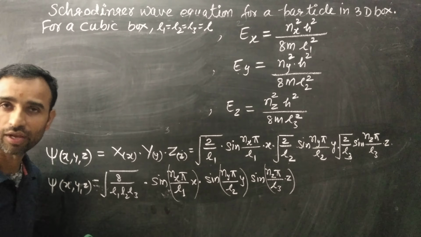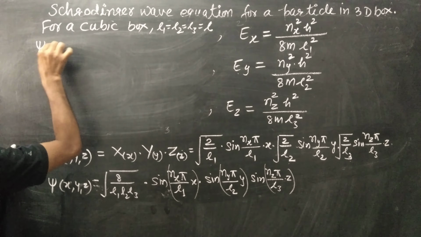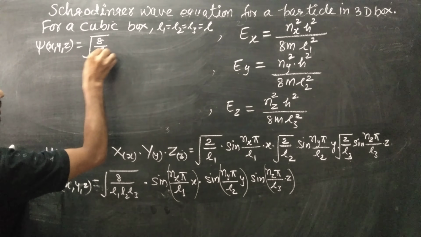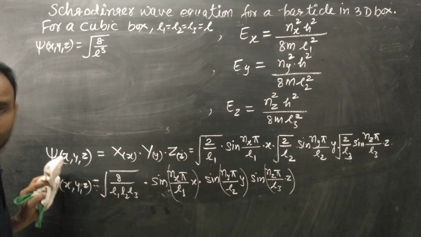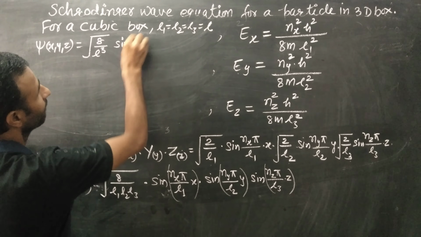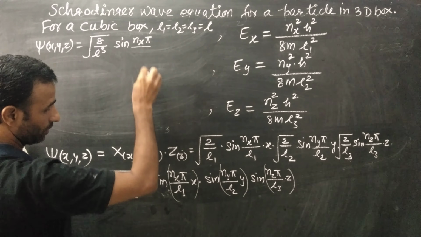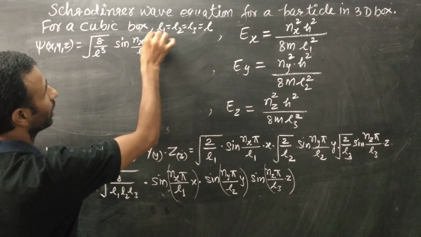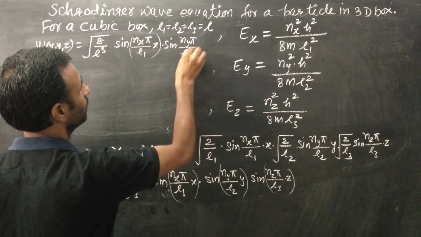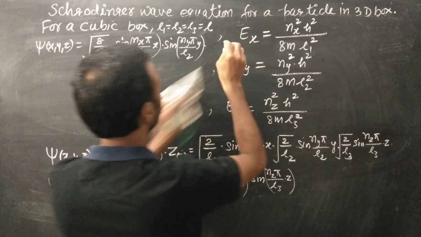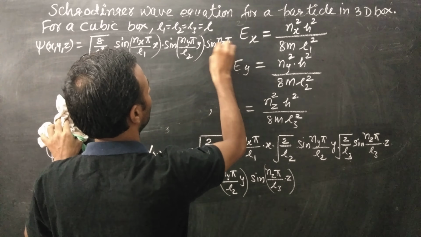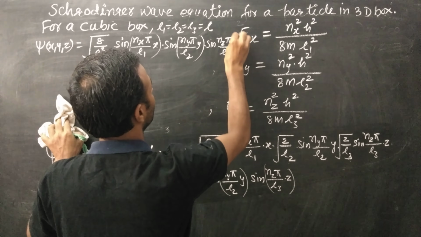Let us take it as L. So it becomes under root 8 by L cube into sine n_x pi over L into x, sine n_y pi upon L into y, into sine n_z pi upon L into z.